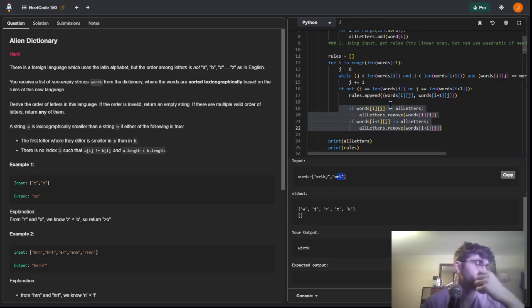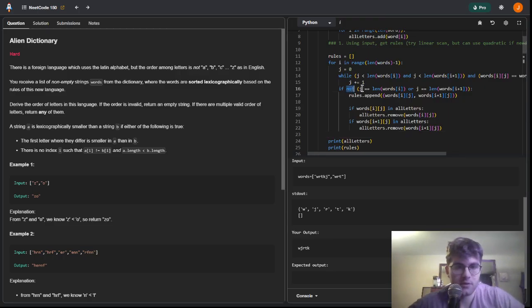Oh. So is this an edge case? This is weird because it's invalid because the shorter one has to be first. So if we exit out prematurely, well, maybe I should just say this.